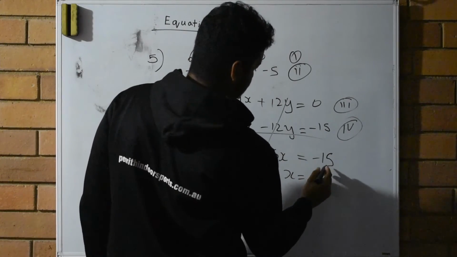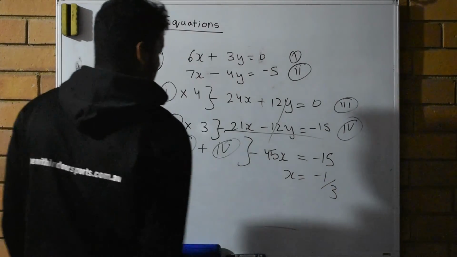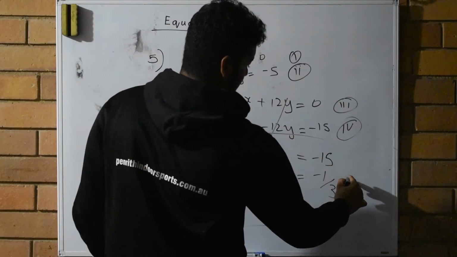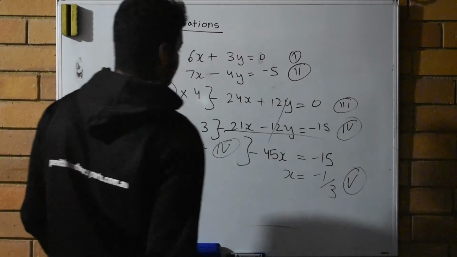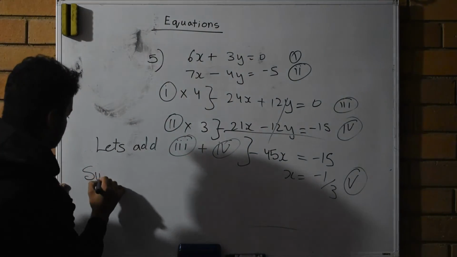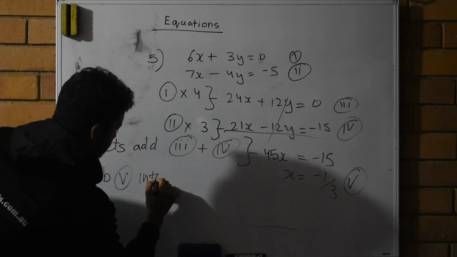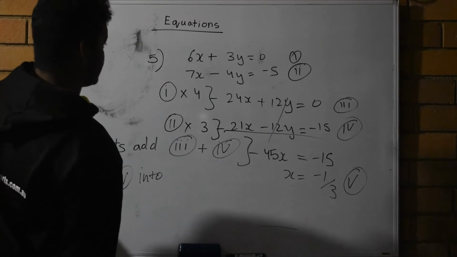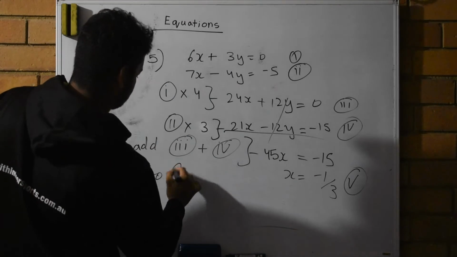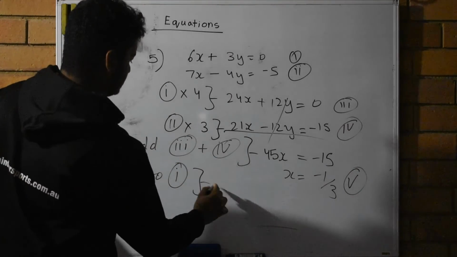45x equals negative 15, so x is going to give me negative 1 over 3. Now, this is our fifth value. Now, sub the fifth value into, say, choose 1, make it easy.